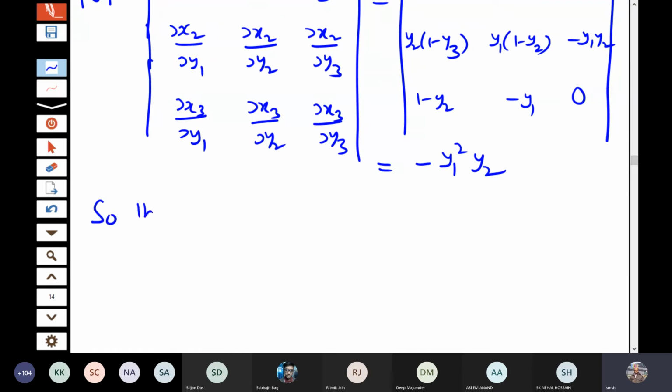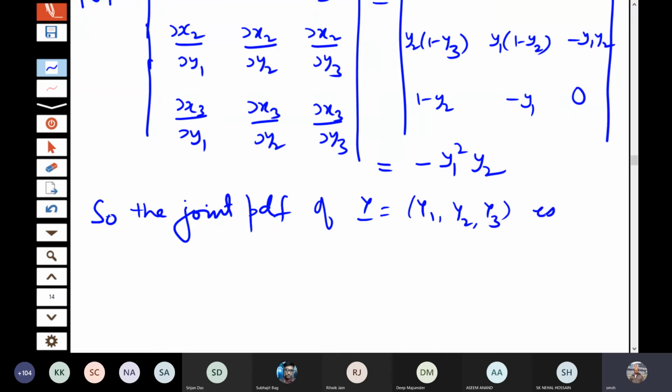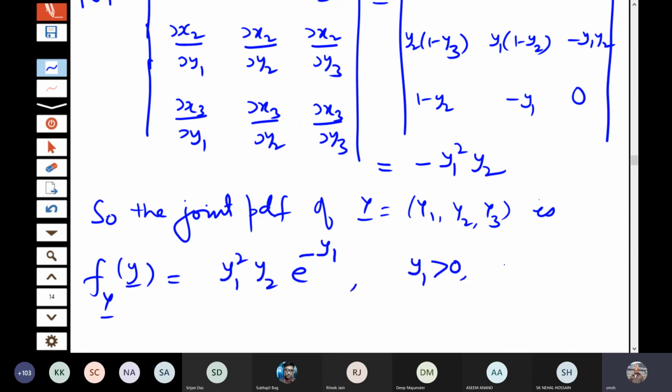So the joint PDF of y is given by y1 square y2 into e to the power minus y1, where y1 is positive, y2 is between 0 and 1, and y3 is between 0 and 1. So this is a joint PDF of y1, y2, y3.